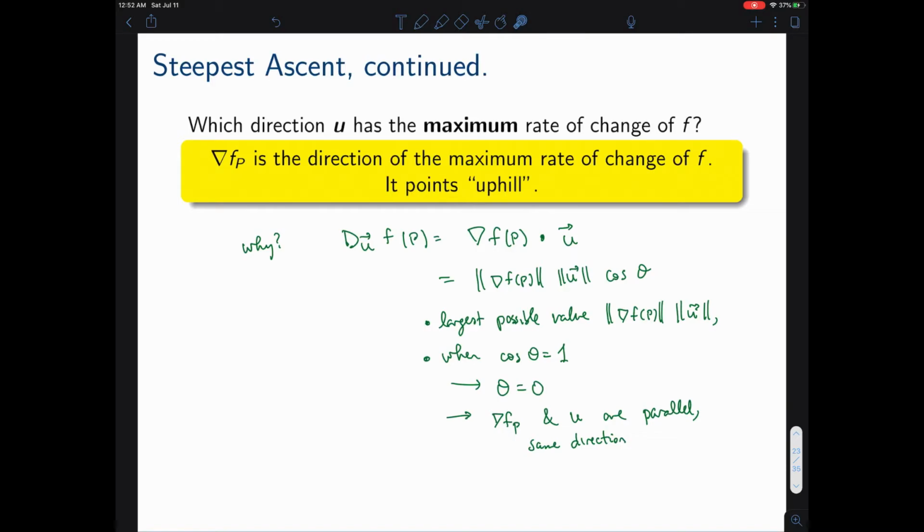So to make this rate of change in direction u as large as possible, the direction you want to go in is the same direction as the gradient.